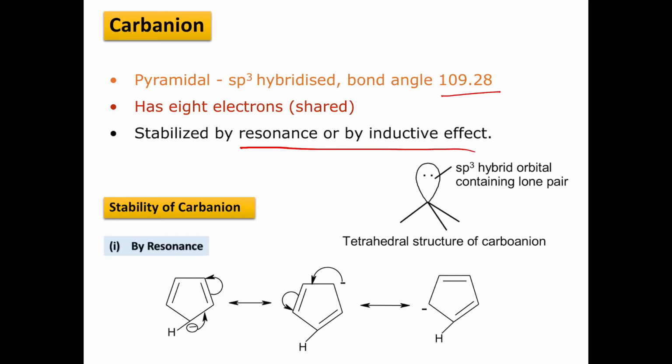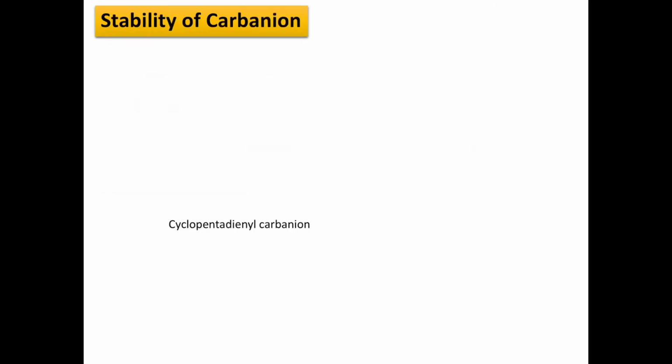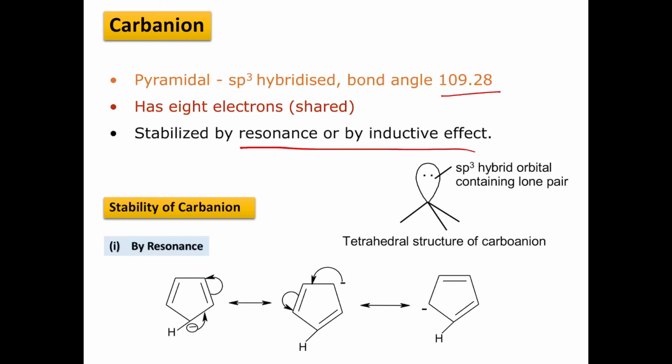The first factor of stabilization of the carbanion ion is resonance. Resonance is a delocalization of the pi bond with a positive charge or with a negative charge.